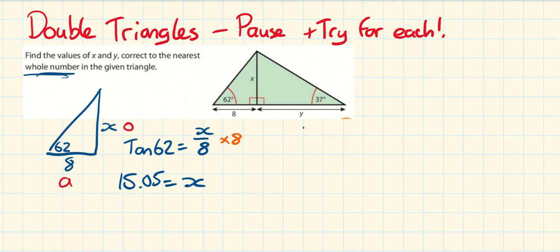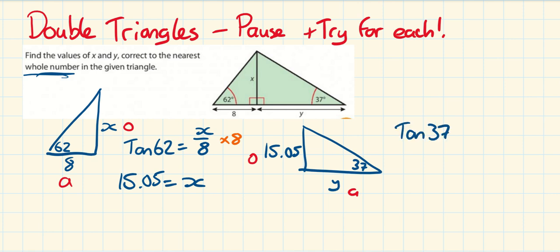So now we're going to try and do y. So again, now we've got the length of x, it's 15.05, and we've got y, and we've got 37. To do the same thing, we've got an opposite and an adjacent, so we're going to be using tan again. So we've got tan 37 equals 15.05 over y. So we see the way it's on the bottom this time.